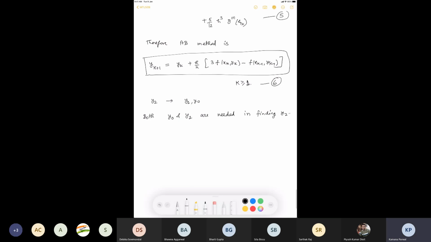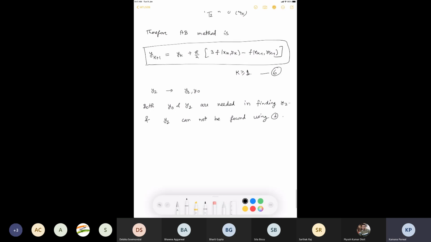So both y0 and y1 are needed to compute y2, and y1 cannot be found using 6.